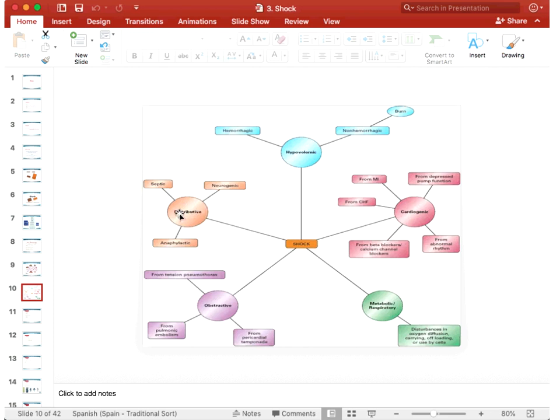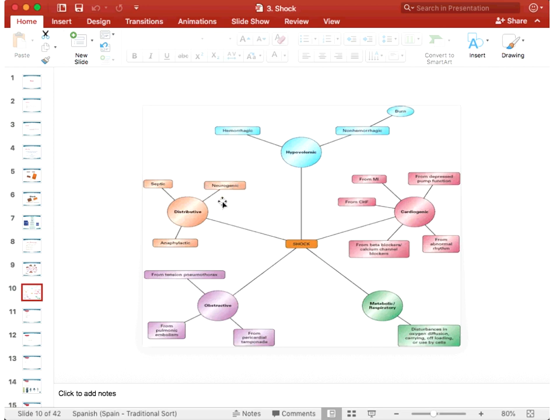Now, this is the so-called distributive shock, which is divided into the septic shock, the anaphylactic, and the neurogenic shock. We'll see this further on, but the neurogenic shock has a special characteristic in which the spine has to be transected acutely.